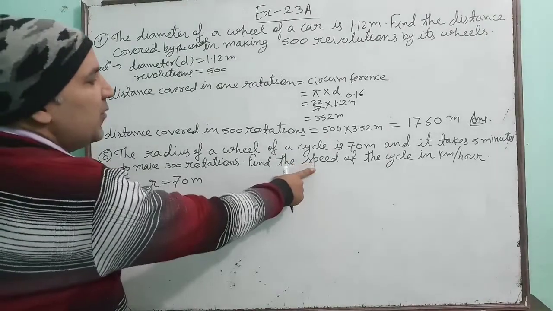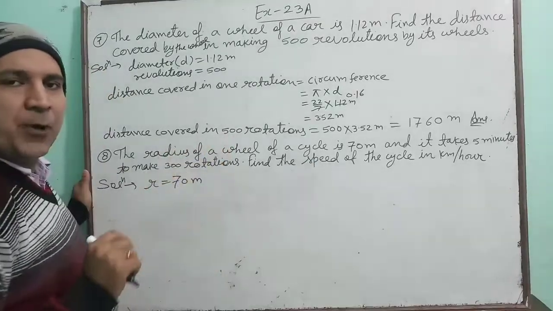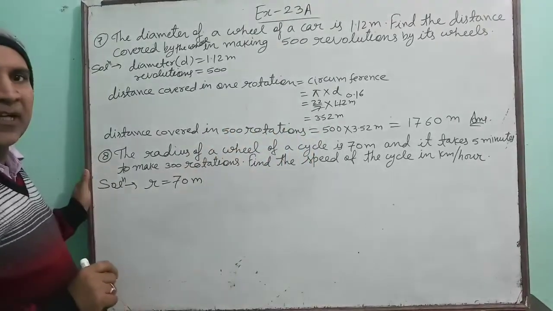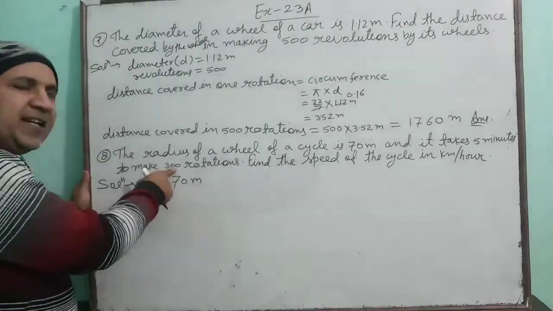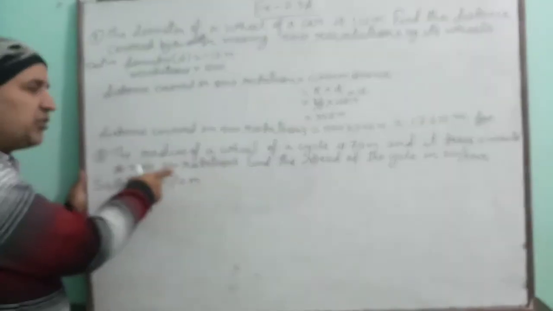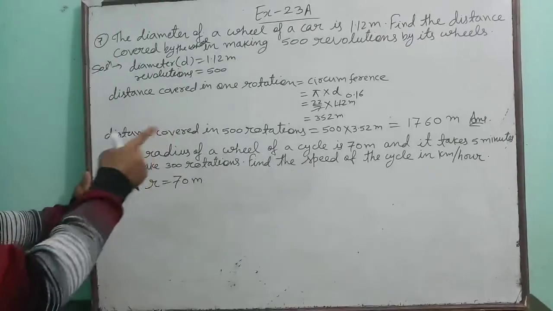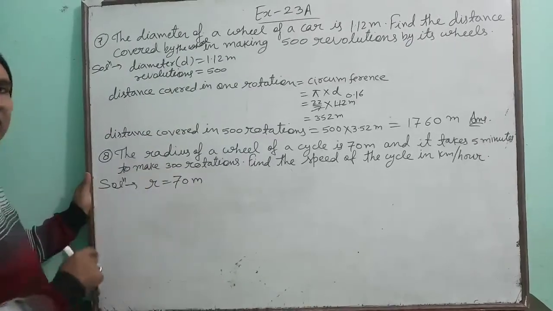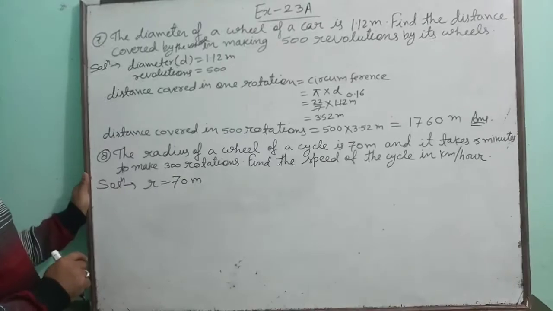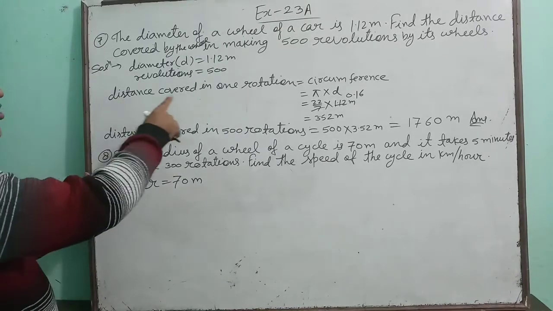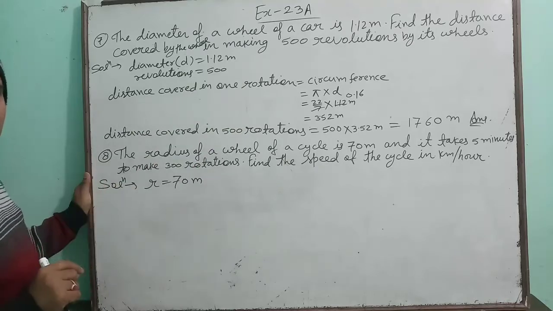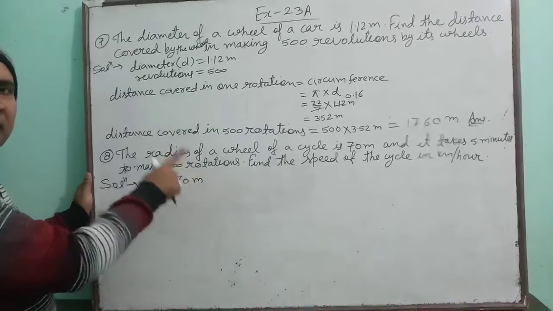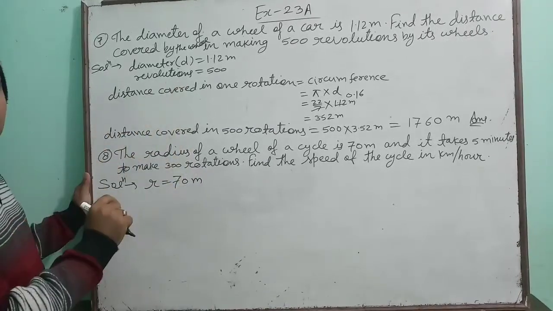Children, we know the formula for speed: distance upon time. Here time is given, 5 minutes. If we can find the distance in 300 rotations, then very easily we can find the speed. And how to find the distance in 300 rotations? We know that distance in one rotation is equal to circumference. Therefore, distance in 300 rotations will be 300 into circumference.